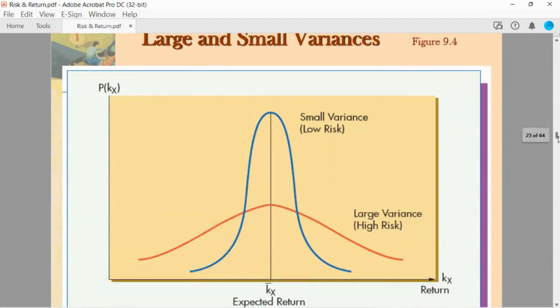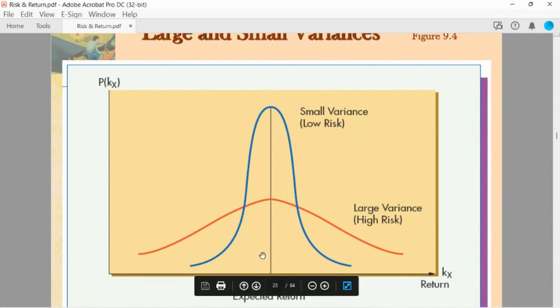The distribution can be either like this blue pattern or the red distribution. We can tell the blue distribution has smaller variance. The red distribution has wider variance. So wider variance is always a higher risk, right?